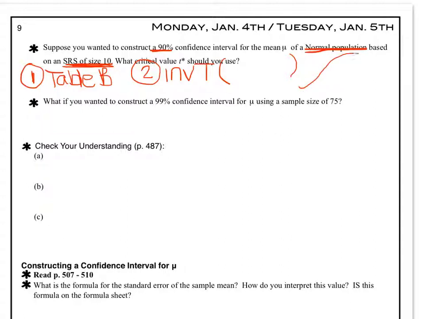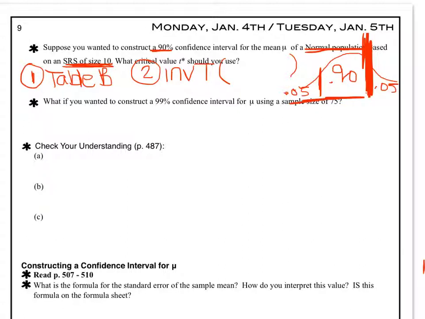The idea behind the confidence interval is the same. I would want 90% of my data to be in the middle, which means there's 5% here and 5% here. However, with a t-distribution, it only works if I enter in this value. The normal distribution will work for either this one or this one, but your t-distribution must have this one.